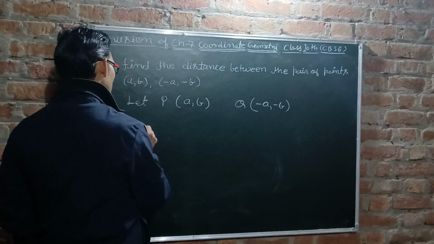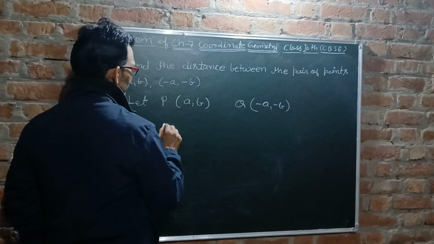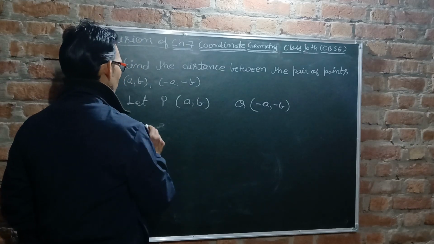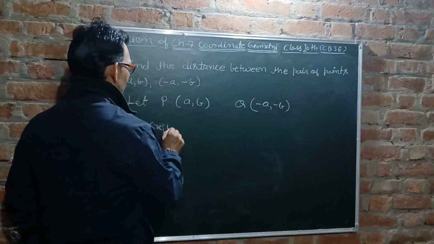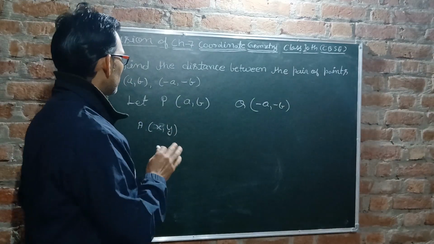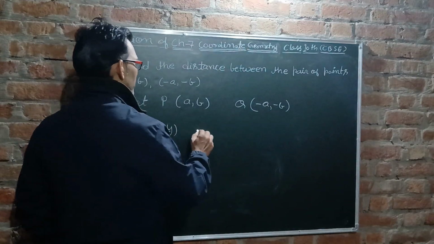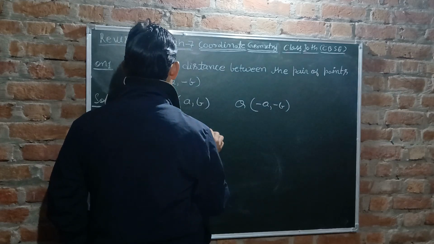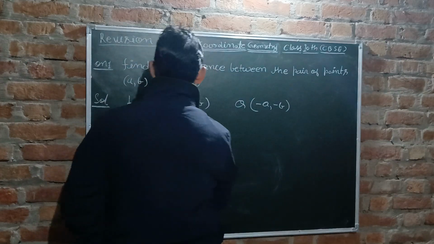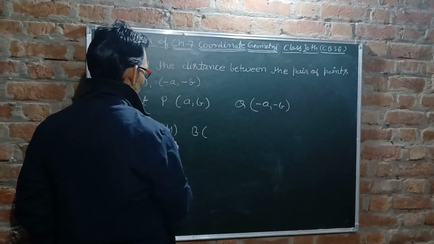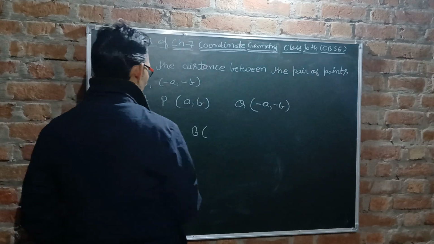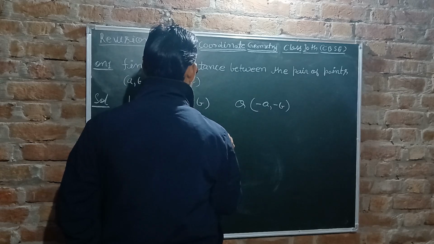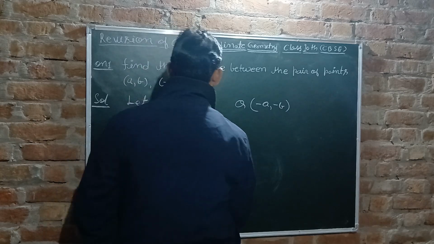Suppose A and B are 2 points, and we have to find the distance between point A and point B. Suppose this is x1 and this is y1, this is x2 and this is y2.